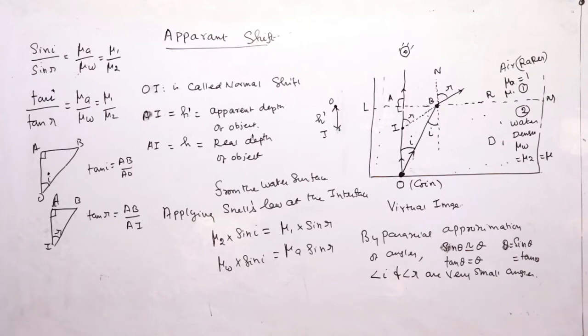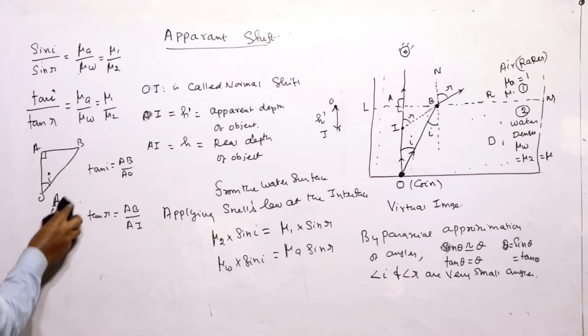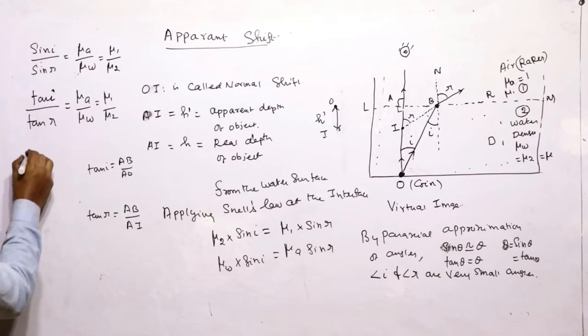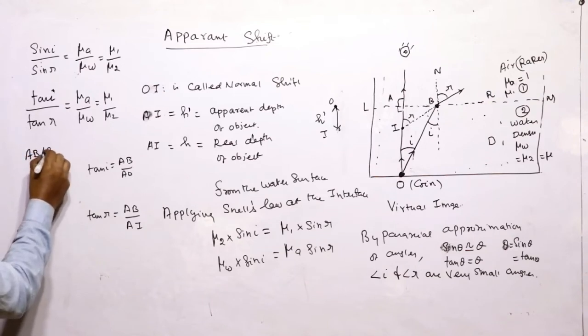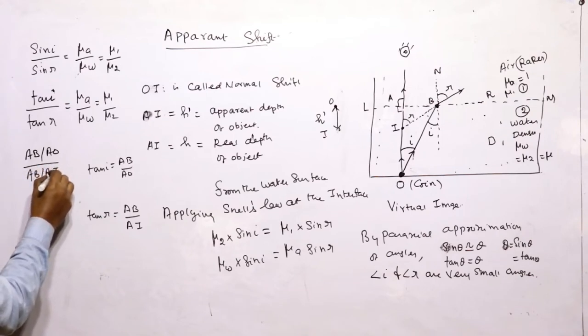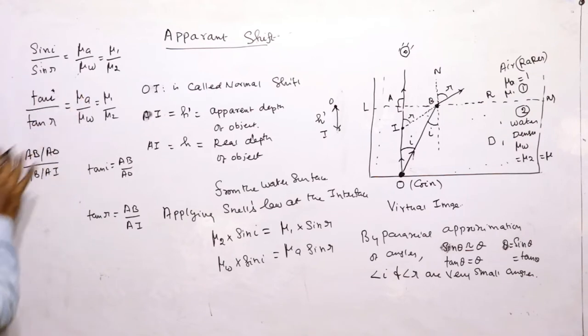In that case, tan I by tan R can be written as AB by AO divided by AB by AI, where tan I is AB by AO and tan R is AB by AI.